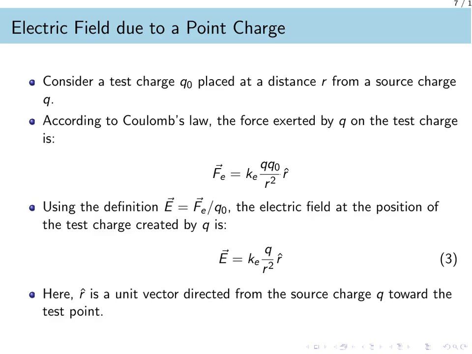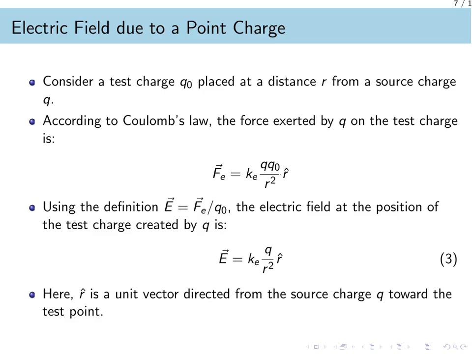Let us examine the electric field created by a single point charge. Consider a test charge q naught placed at a distance r from a source charge, q. According to Coulomb's law, the force exerted by q on the test charge is Coulomb's constant, K sub E, times the product of the charges divided by r squared, in the direction of the unit vector r hat.